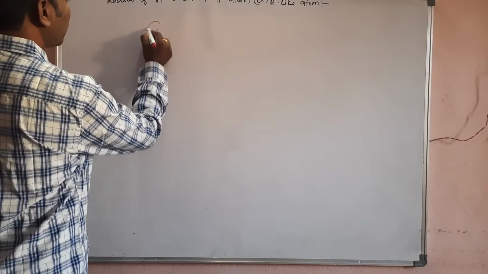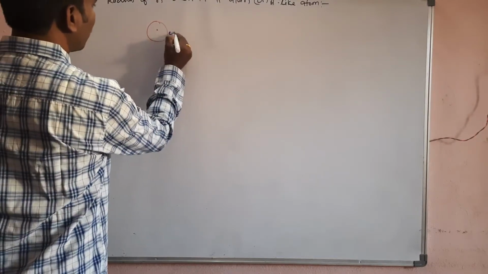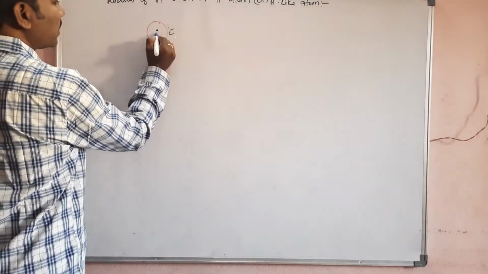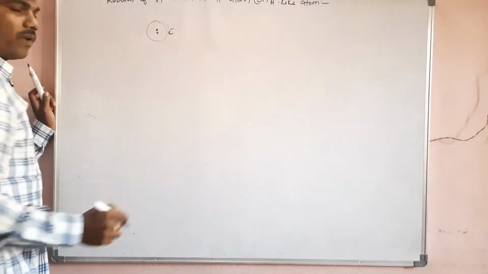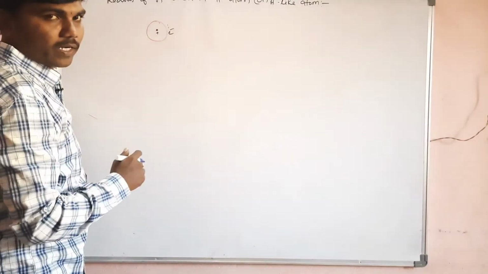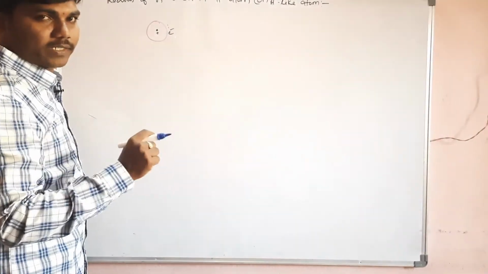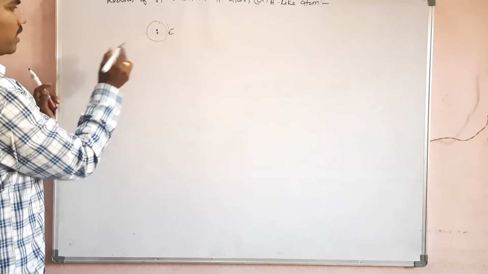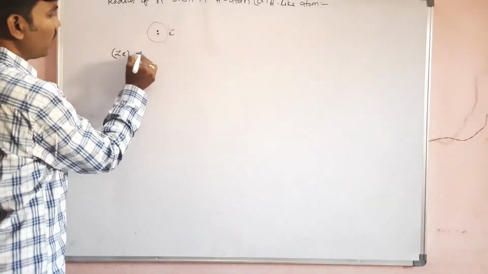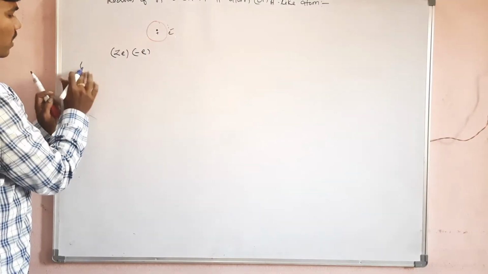So this is the nucleus, this is the orbit, right? In this orbit, the electron is revolving in a circular path. The nucleus has positive charge and the electron has negative charge. In between them, attraction force works.